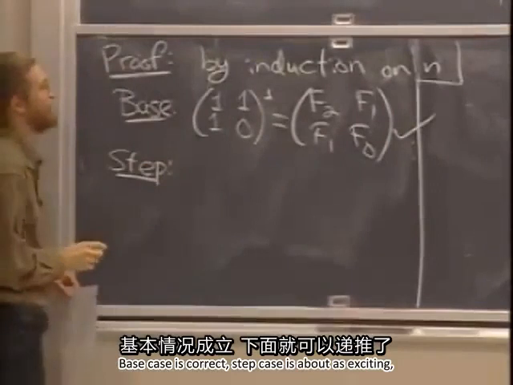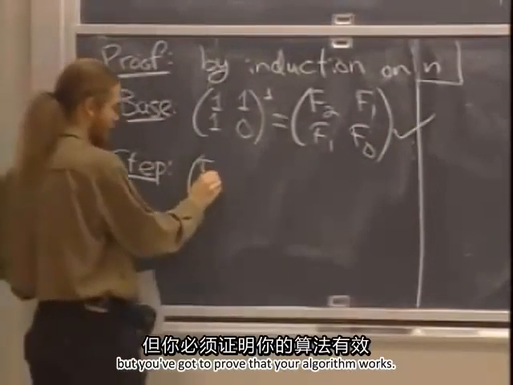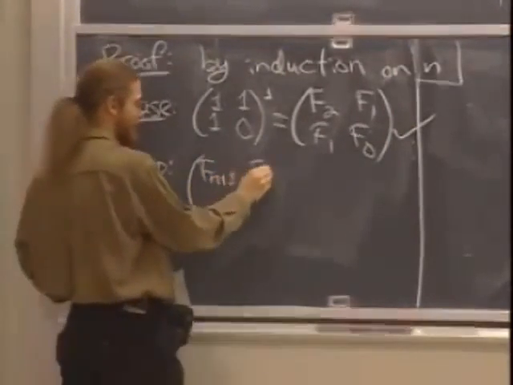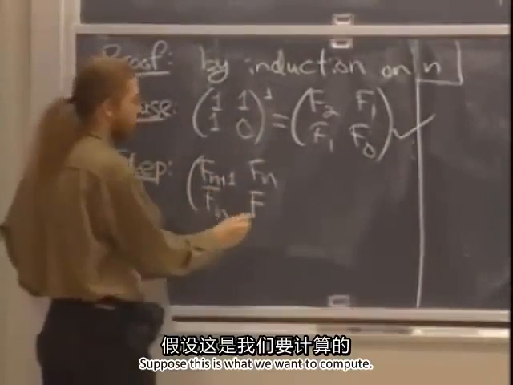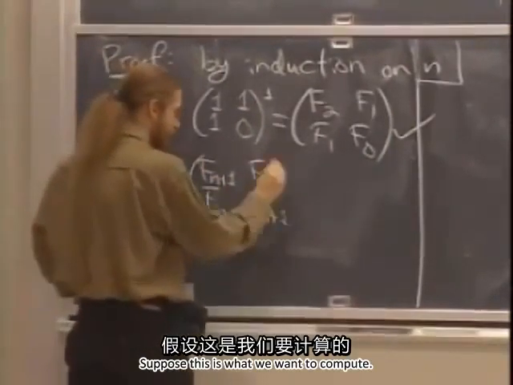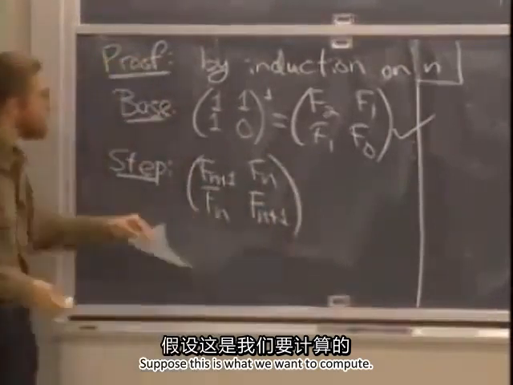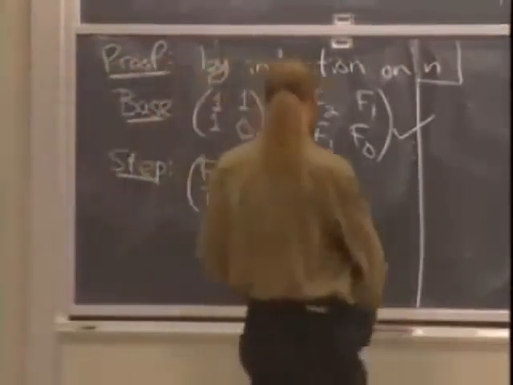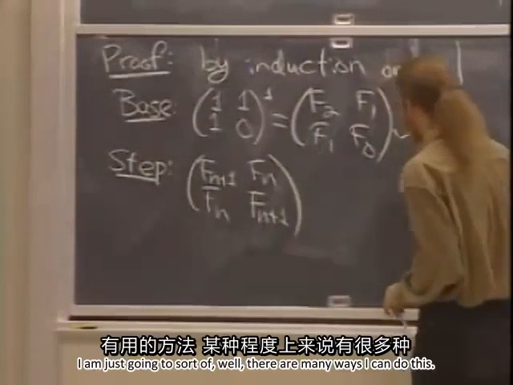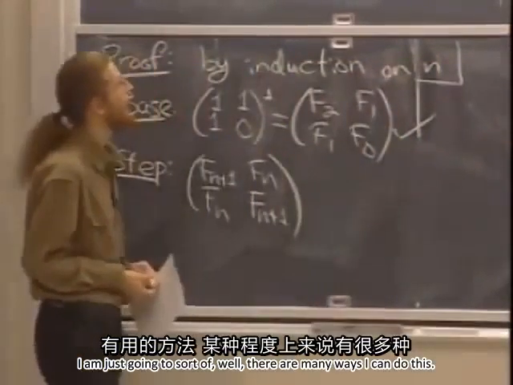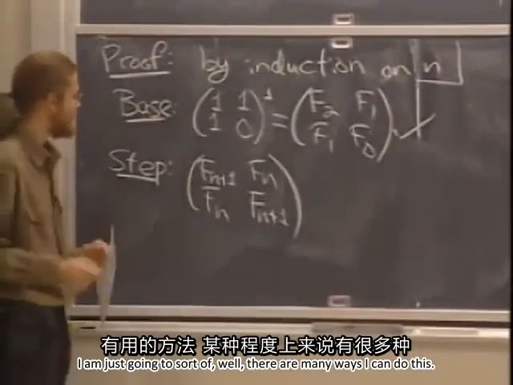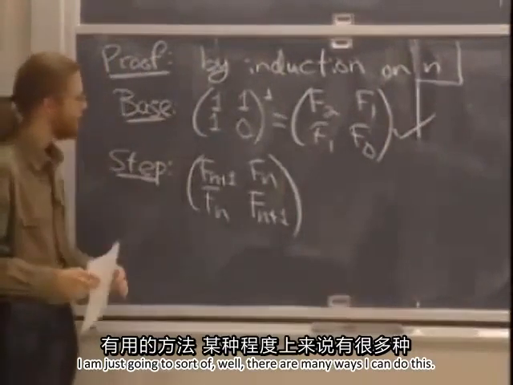Step case is about as exciting, but heck, you've got to prove that your algorithm works. So suppose we have this, which is what we want to compute. There's many ways I could do this.